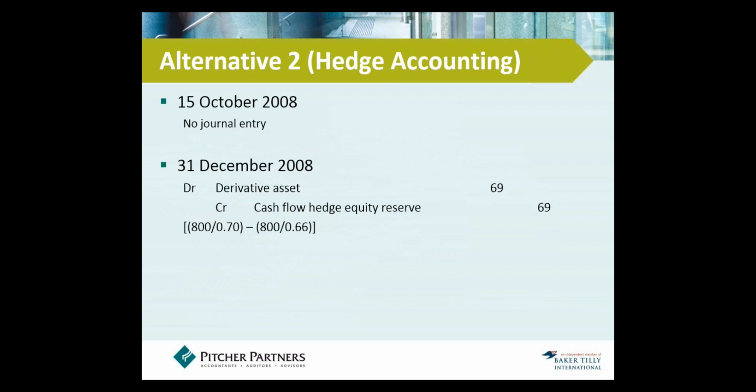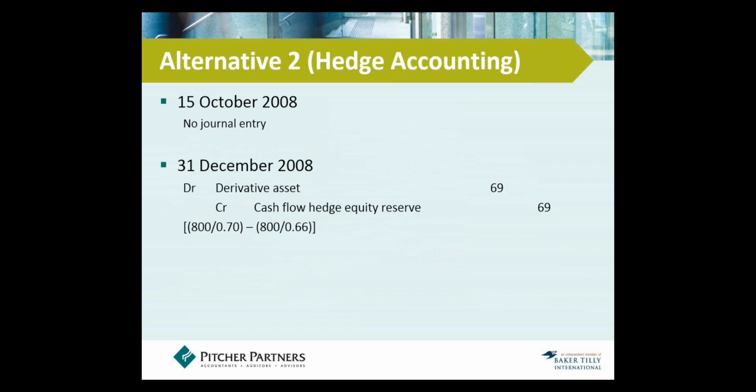Then on the 31st of December, we've not received the inventory yet, we can't account for it, but we've got a foreign exchange contract. We determine the fair value, which is 69, similar to alternative 1. In this situation, we qualify for hedge accounting, so we say debit derivative asset the 69, which is the same as our previous alternative, but now we don't credit profit and loss.